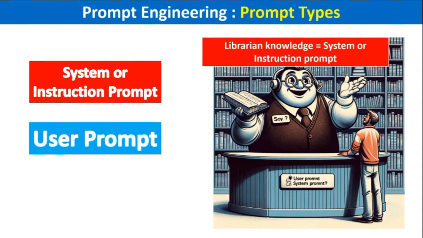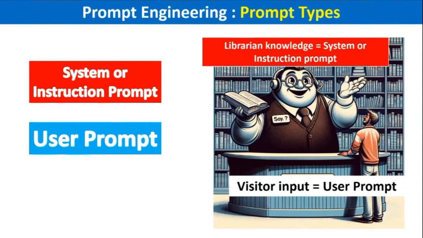Now consider the user prompt as a visitor's request to the librarian. When a visitor comes to the library, they ask the librarian for information on a specific subject, like I need books on gardening in temperate climates, or can you help me find research papers on renewable energy? So the librarian uses their knowledge to find and suggest the most relevant resources.